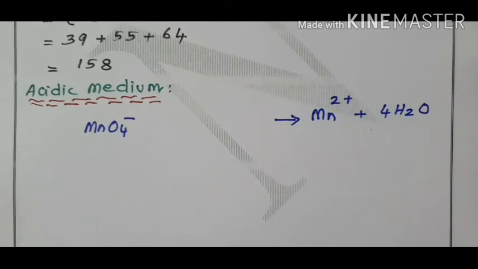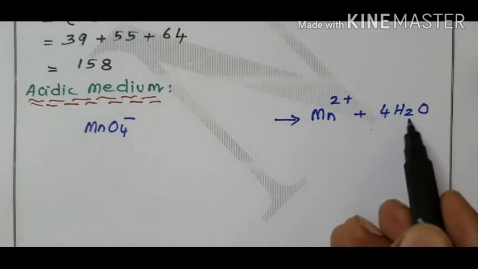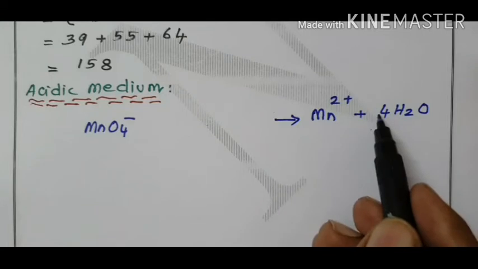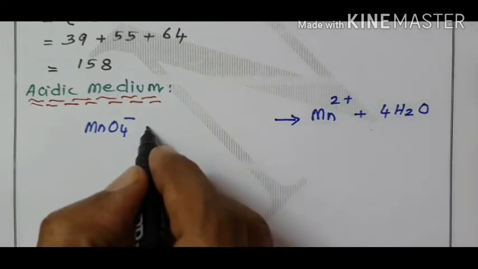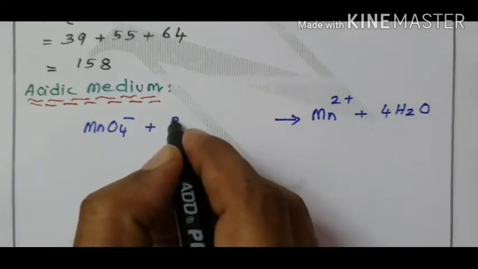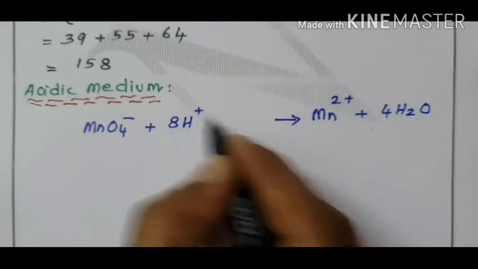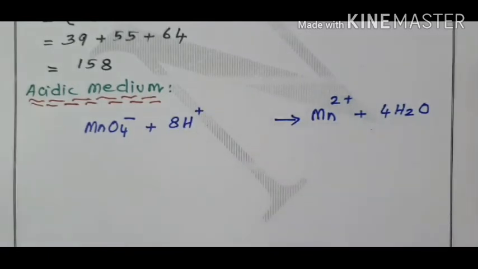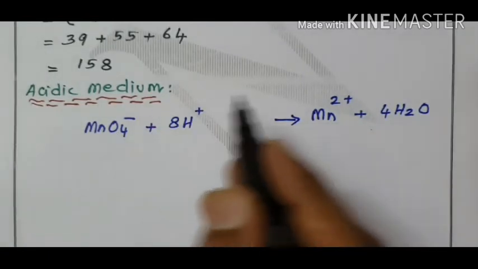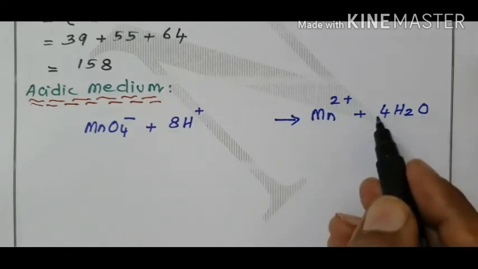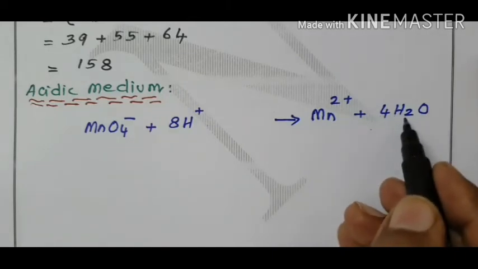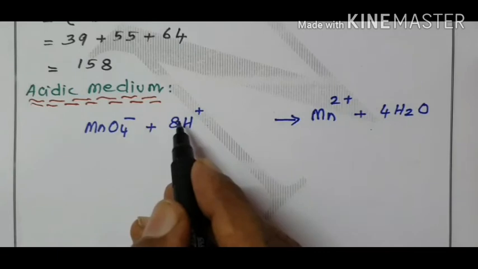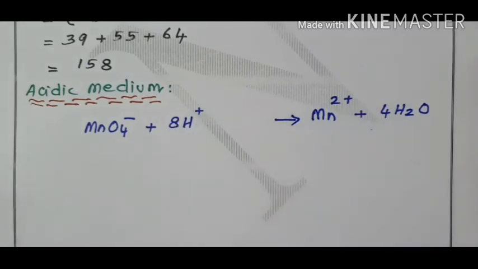Then how to balance hydrogen? 4 into 2 is 8 hydrogens. Those 8 hydrogens are balanced by adding H plus ions on the opposite side.